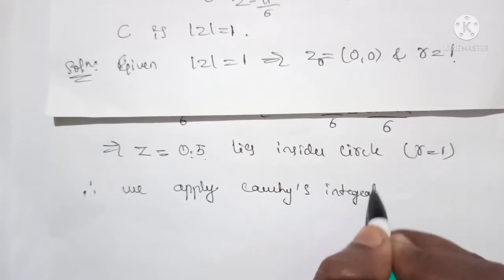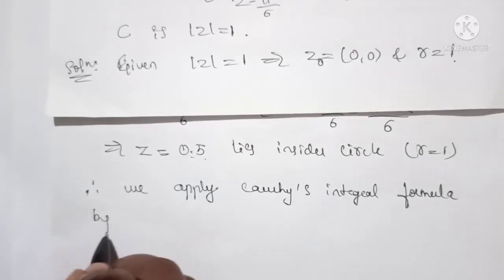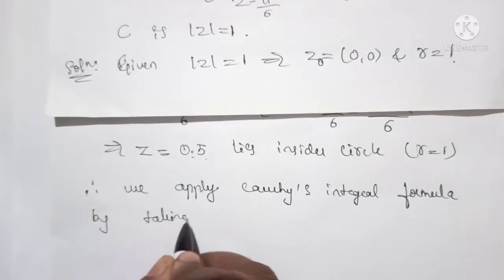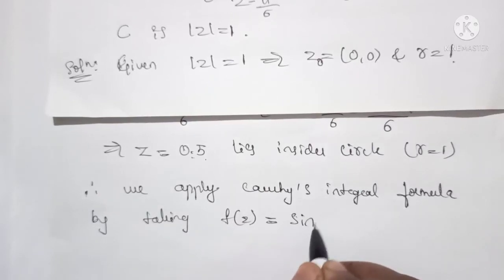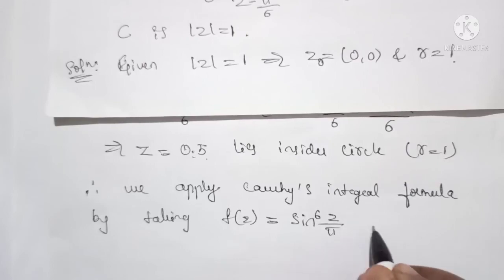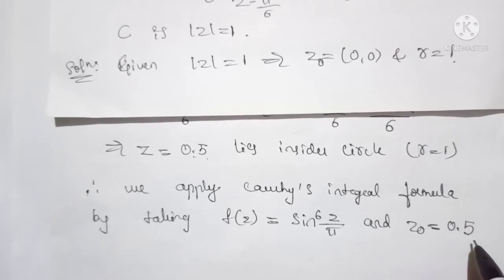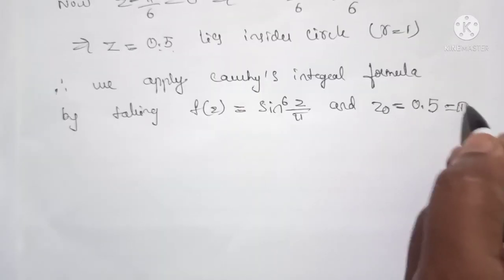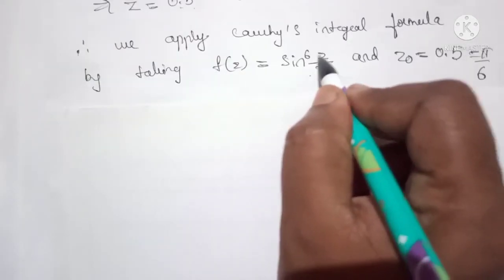Cauchy's integral formula by taking f of z is equals to sine power 6 z, and z naught equals to 0.5, or it is pi by 6. Okay, sorry, it is sine z only.